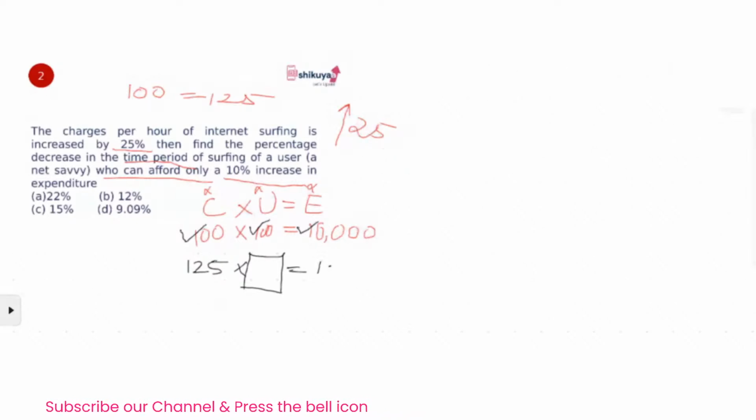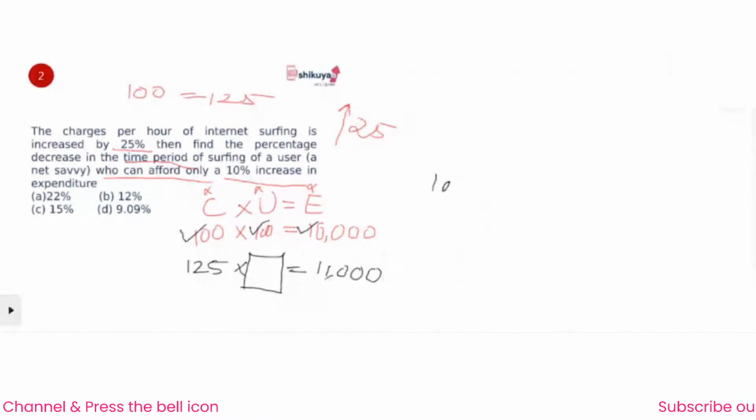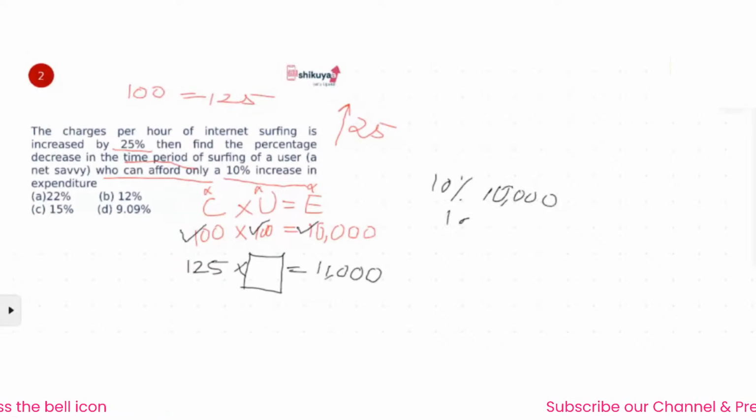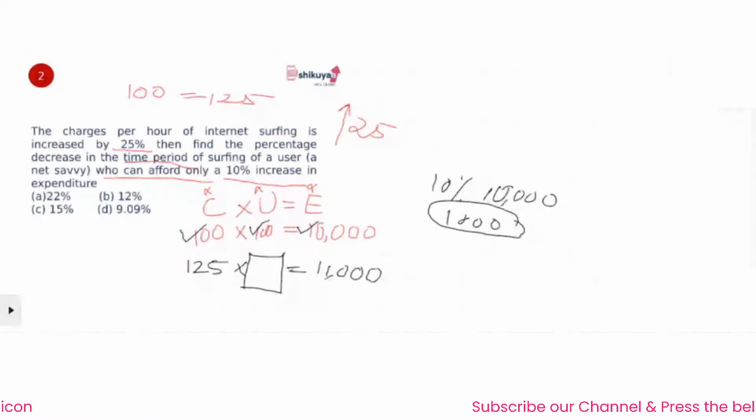So 10% of 10,000 is 1,000. So the new value will be 11,000. I'm not going to explain this. This is a very basic thing. I hope everybody knows that.